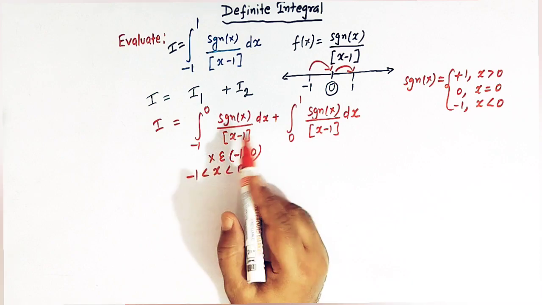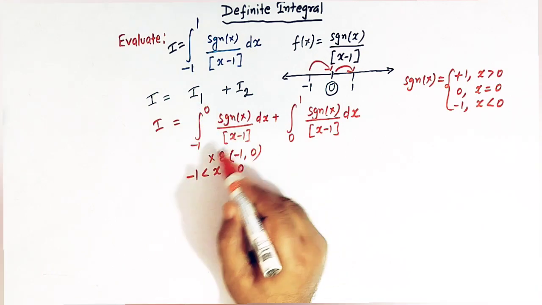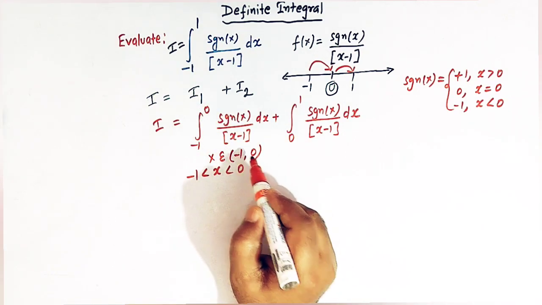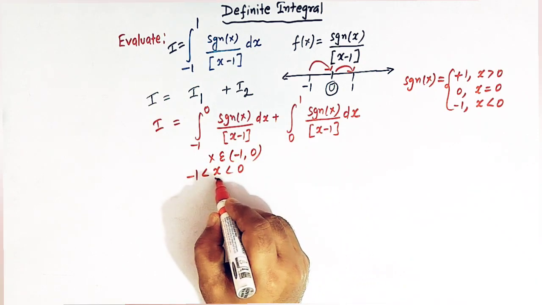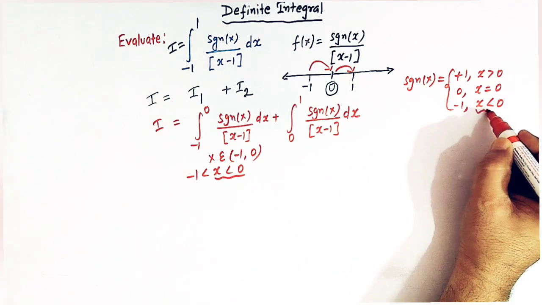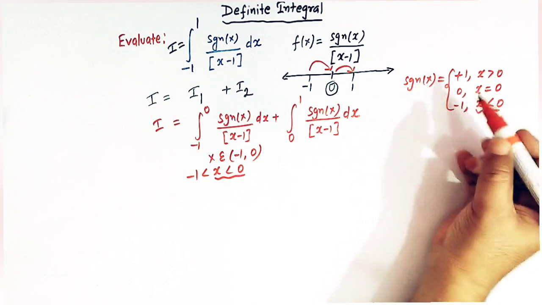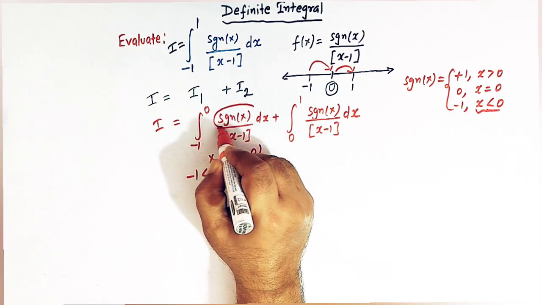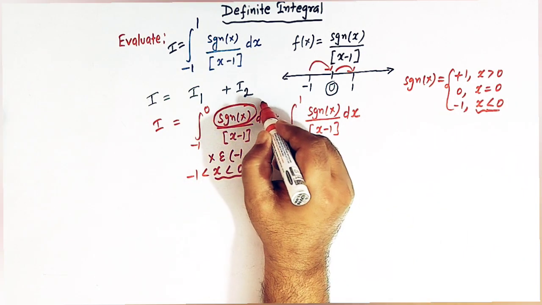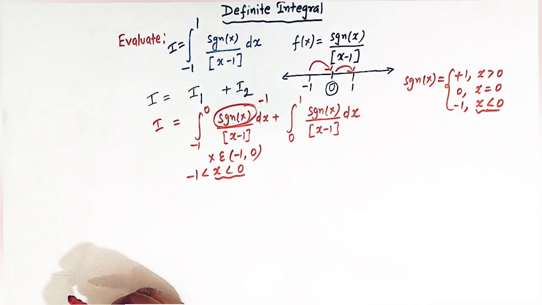So here from minus 1 to 0, all the values of x are negative, that is x is less than 0. So when x is less than 0, signum of x should be equal to minus 1, right? So here we can replace this signum of x by minus 1, right?